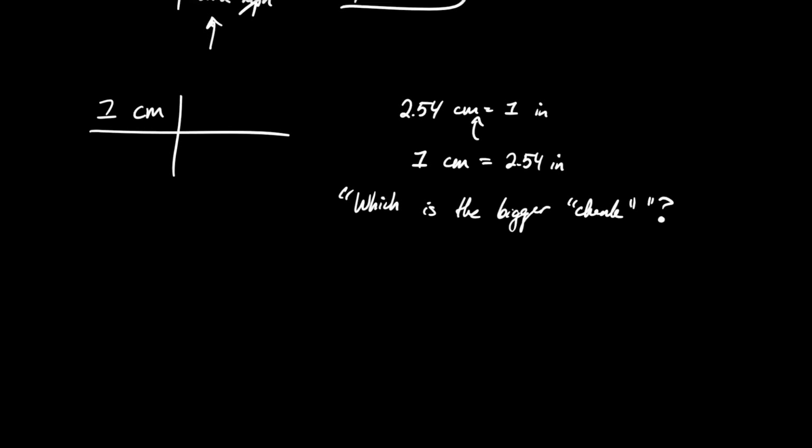So for instance, we know that there are 100 centimeters in 1 meter. 1 meter is the bigger chunk because there are lots of little 1 centimeter guys inside of the 1 meter. So any conversion factor you have should have a lot of centimeters in one of the big guys, one of the 1 meters.